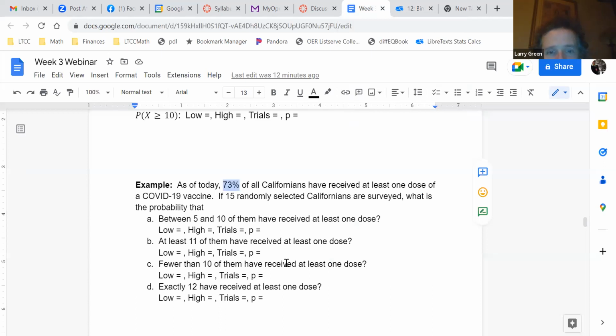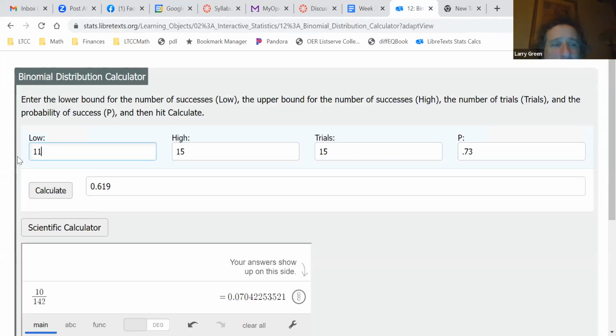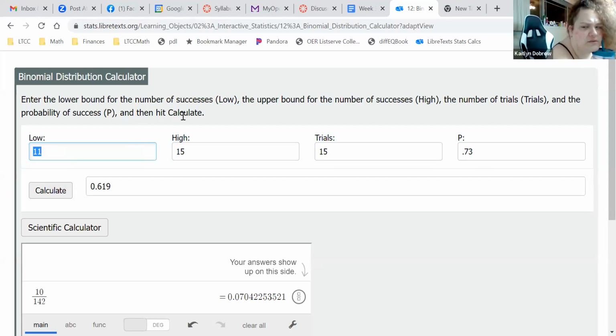Okay, fewer than 10 of them have received at least one dose. What's the smallest number that's fewer than 10 that could happen? 9, no, no, no, 1, not quite, 0. Oh, 0 is fewer than 10. It's also less than 1, by the way.